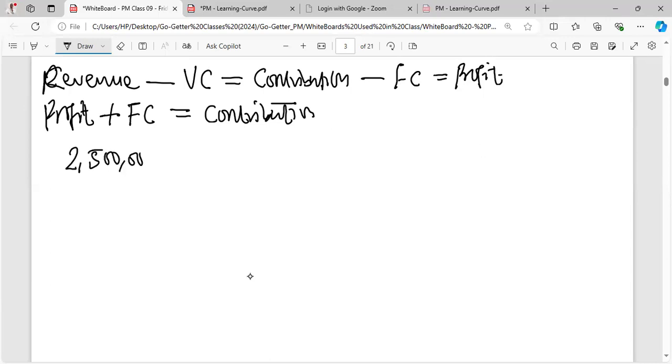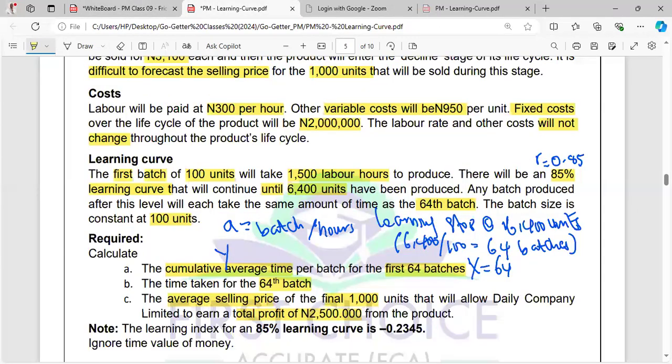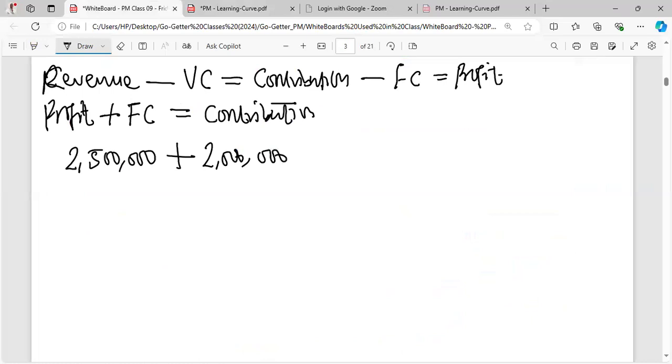What's our fixed cost? We'll go to the question to look for the fixed cost. Our fixed cost here is 2 million. So we'll add 2 million to that. So when we add it here, we have 4,500,000, which is our contribution.